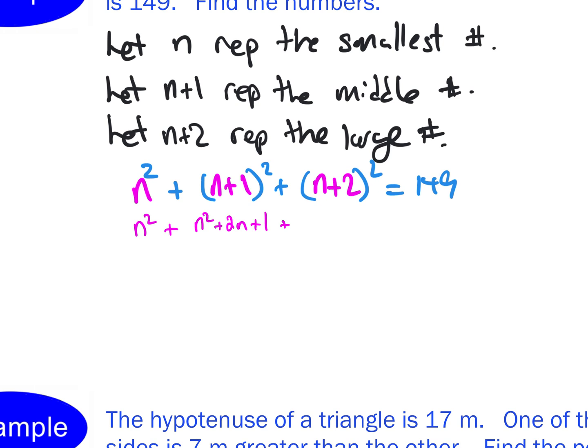And for n plus 2 squared, it's going to be n squared plus 4n plus 4. And that equals 149.